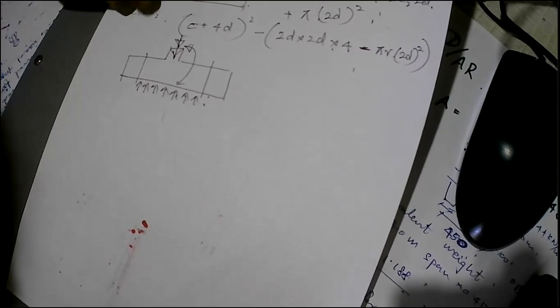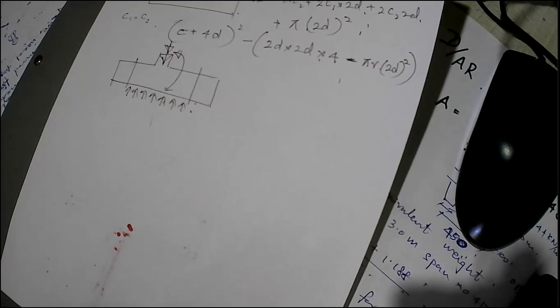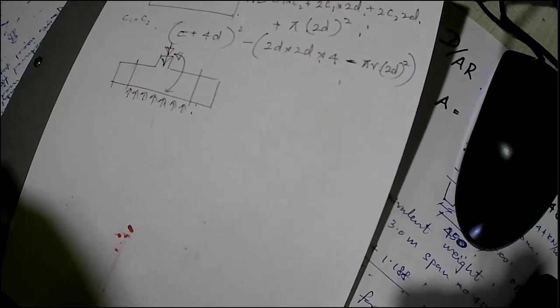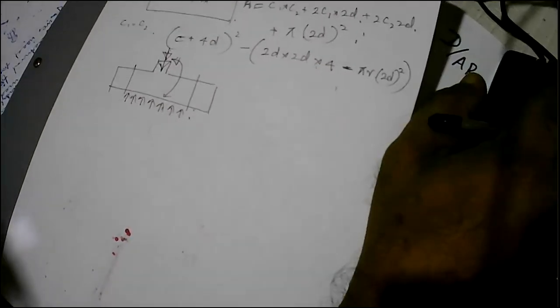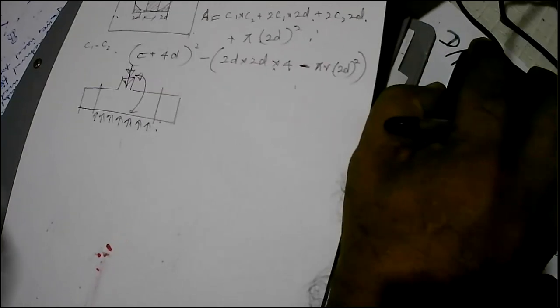In the case of designing the bases, you have to use only the net effect. Net effect is the vertical downward force minus the vertical upward force. So you have to get the difference.